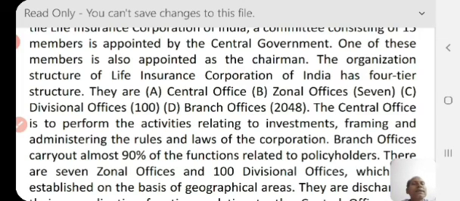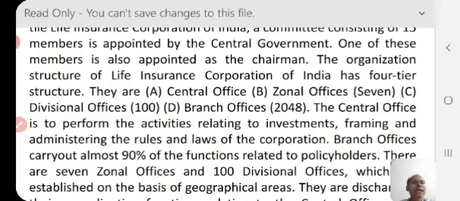At present, there are 7 zonal offices, 100 divisional offices, and 2048 branch offices all over India.